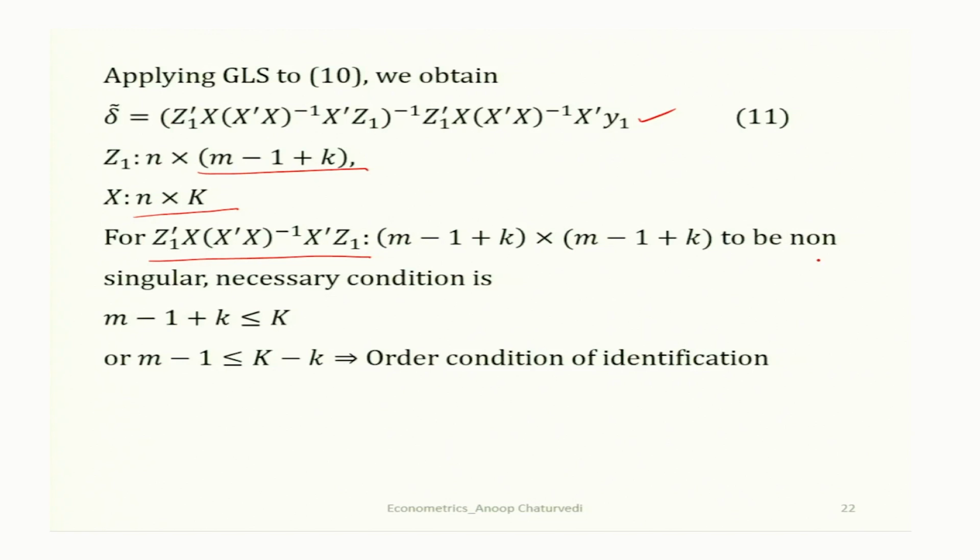A necessary condition for this is m minus 1 plus k less than or equal to capital K, or m minus 1 less than or equal to K minus small k, and this is the order condition for identification.